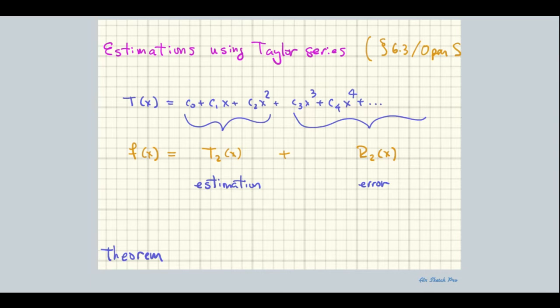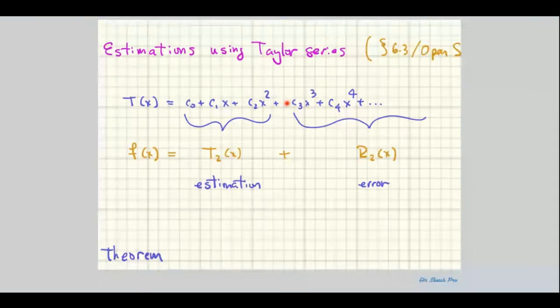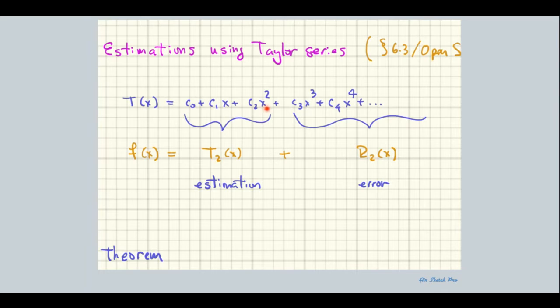And now we're going to look at that as an official theorem. That's what you want to think of, though. I'm going to approximate going up to some particular power, the second power, the third power, the fifth power, the nth power. And then I'm going to know the answer is correct to within what the very next term is, if I pick the right value.